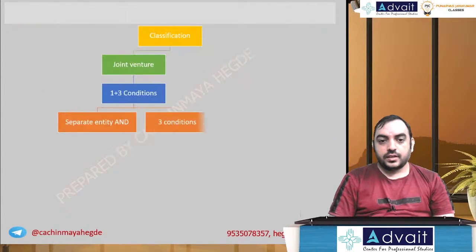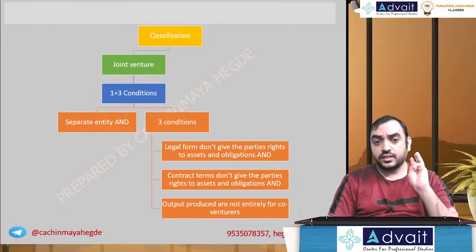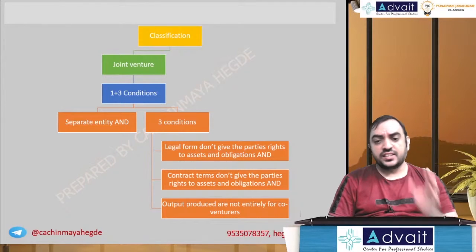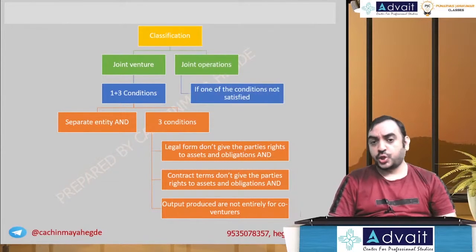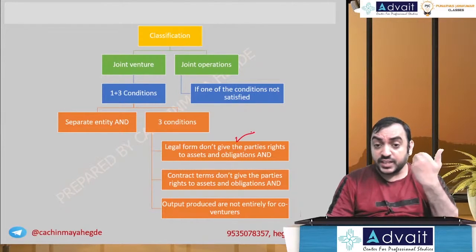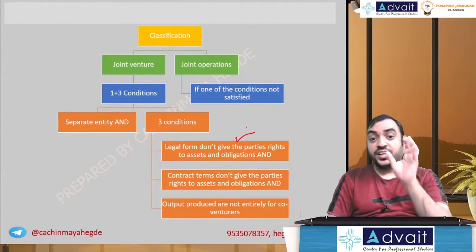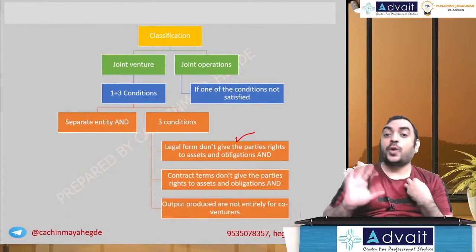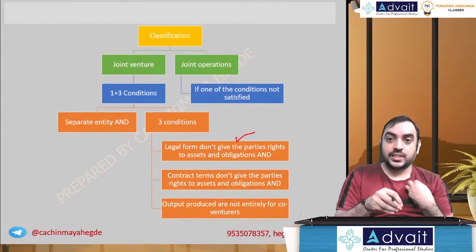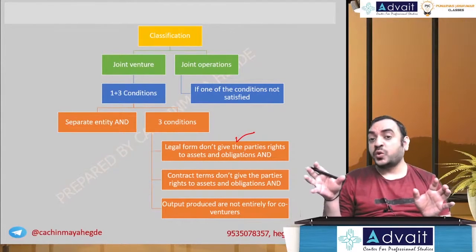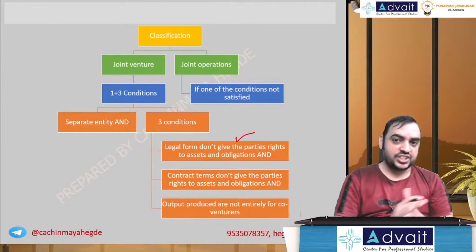Okay. So look at three conditions for you to classify it as a joint venture. If any of the three conditions is not satisfied, it becomes a joint operation. Legal form does not give the parties rights and obligations for individual assets. Individual parties should not have rights and obligations for specific assets. It should always be collective ownership and not a predefined ownership. In that case, it is a joint venture.